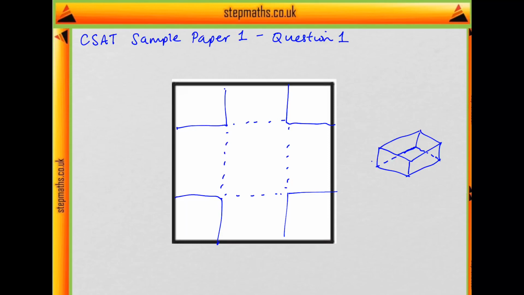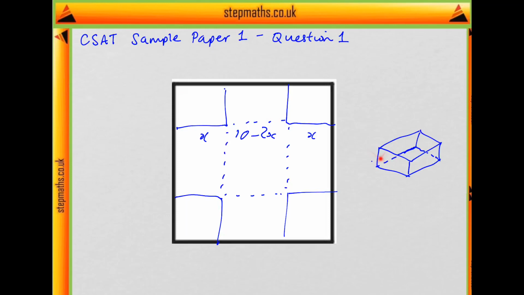Okay, so first things first, we're going to need a variable to work in terms of, and it makes sense to use the length we're cutting away. So if we call that x, what are the other lengths? Well, this is x, and then the other side here is x, so we get 10 minus 2x centimetres for this length.